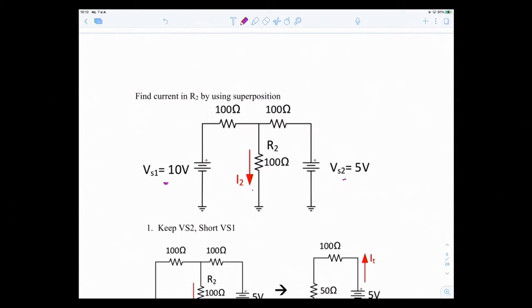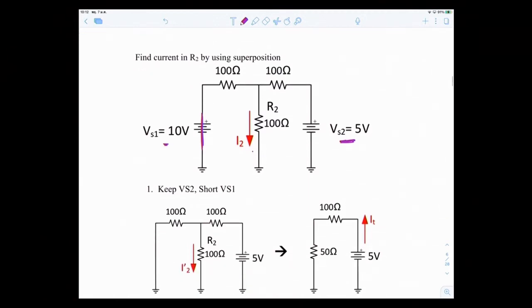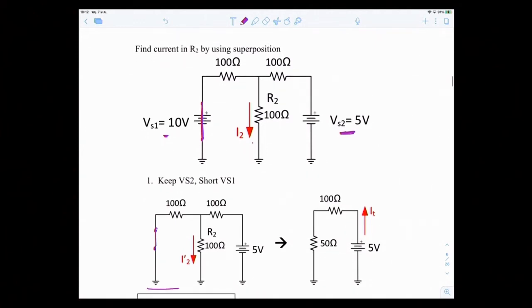I'm going to keep VS2, the 5 volt. To turn off the other source, the 10 volt voltage source, I have to short it. So take it out and draw a wire, so it becomes a short like this. Now this is the circuit that you have to analyze.